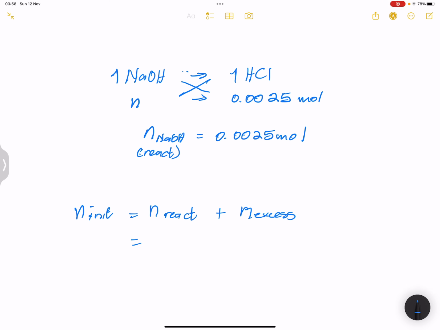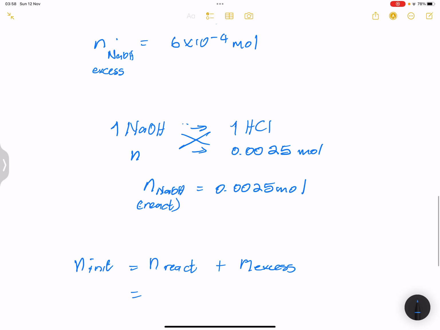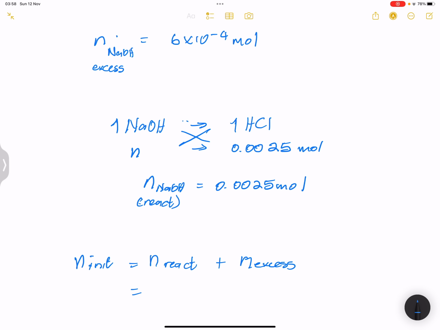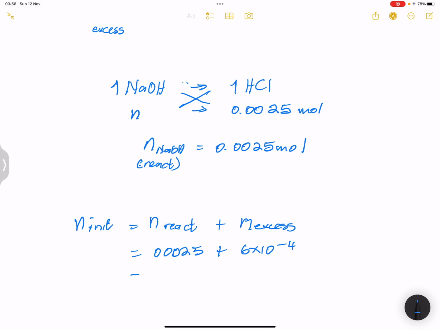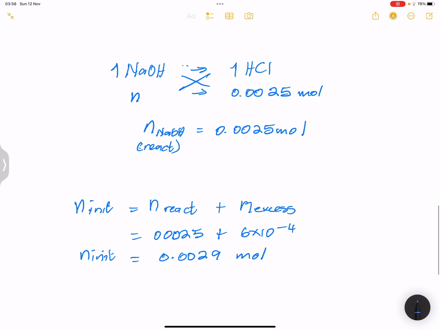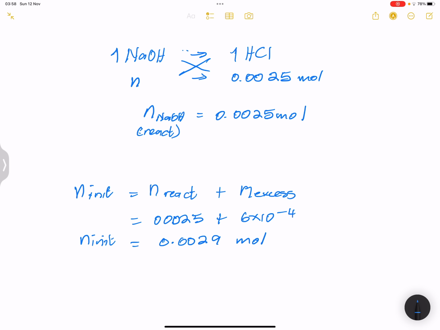We reacted 0.0025 and we had 6 times 10 to the negative 4 in excess. So that gives us 0.0029. You can correct me there if I'm incorrect. So in this case, this is the initial moles of sodium hydroxide.